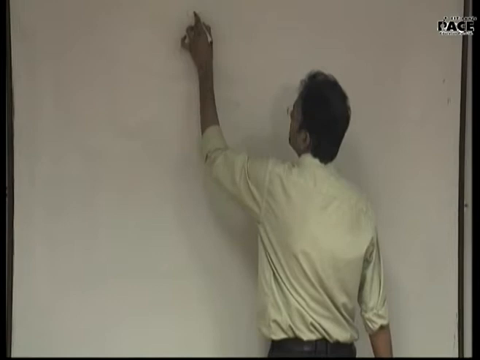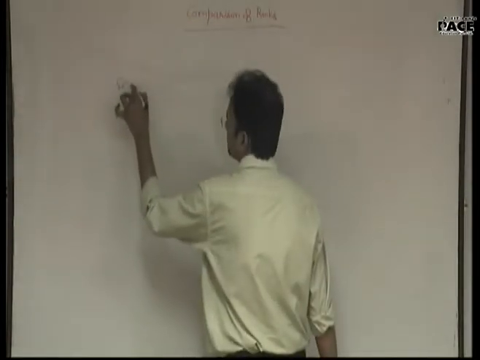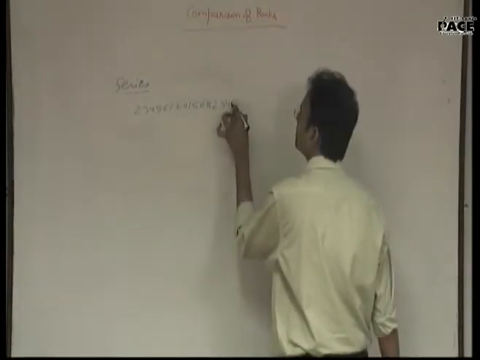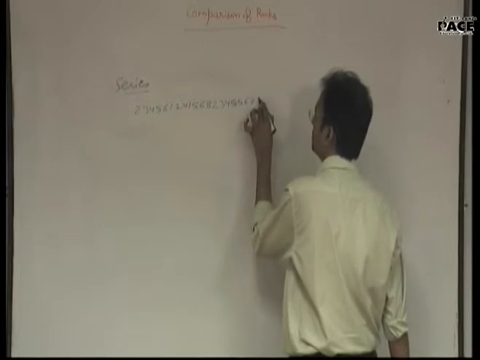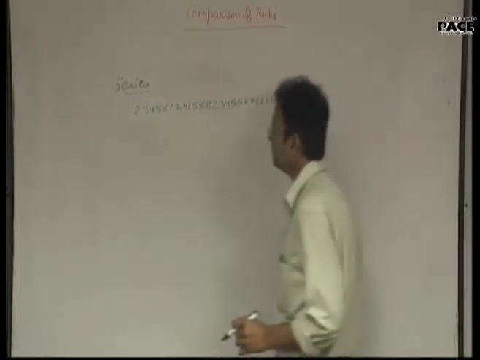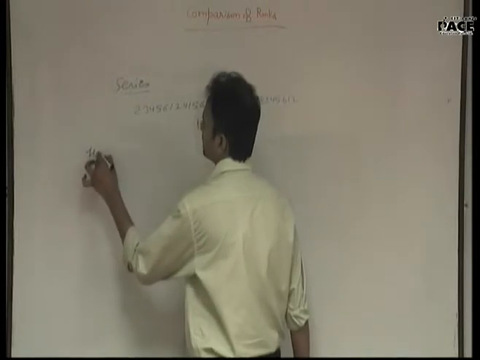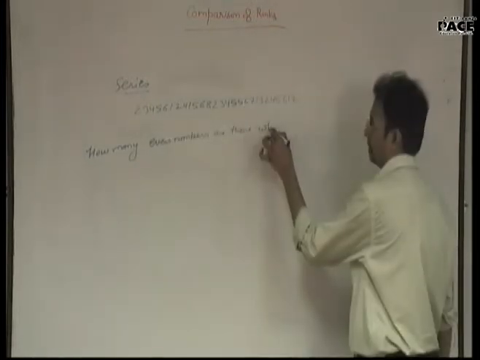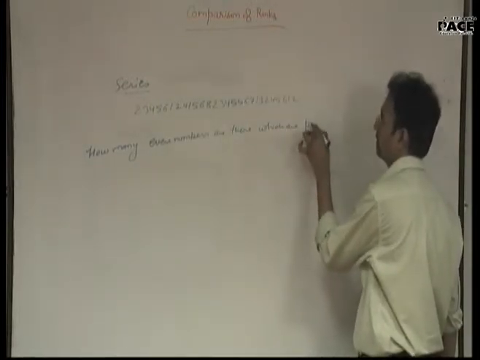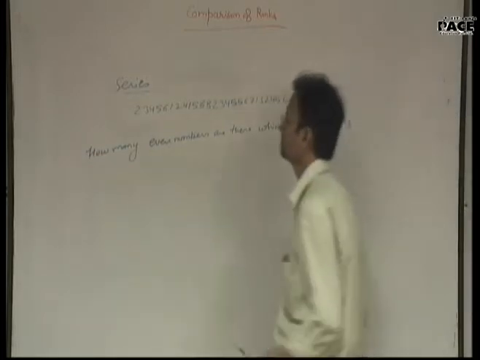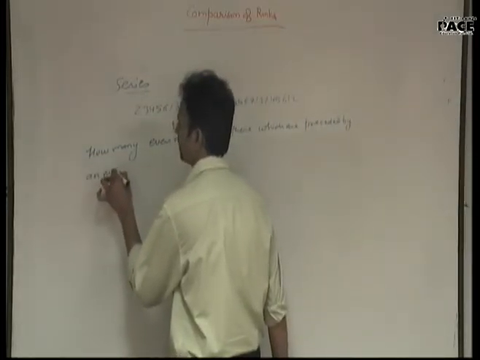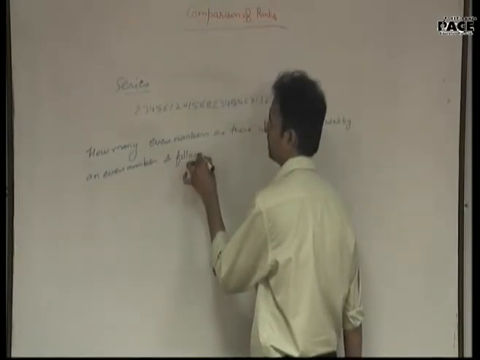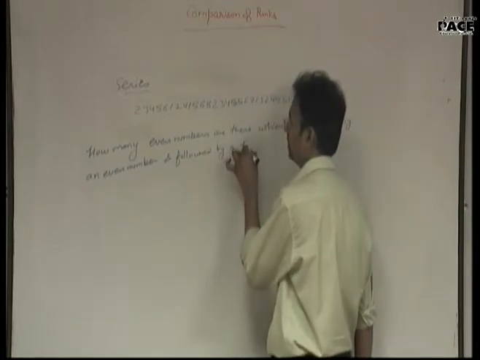Comparison of ranks. Suppose a series, a random series is given like this. Now again we have to find how many even numbers are there which are preceded by an even number and followed by a prime number.